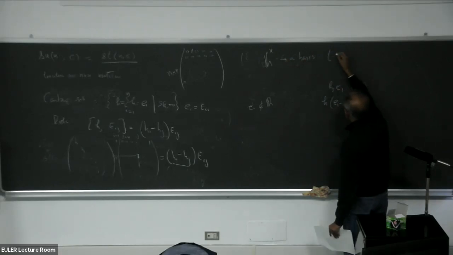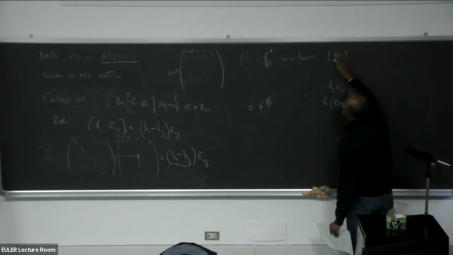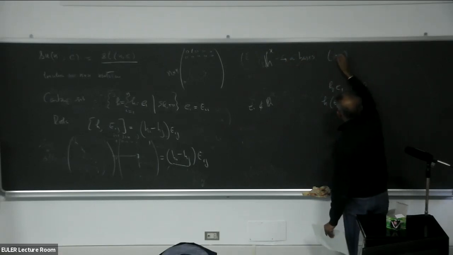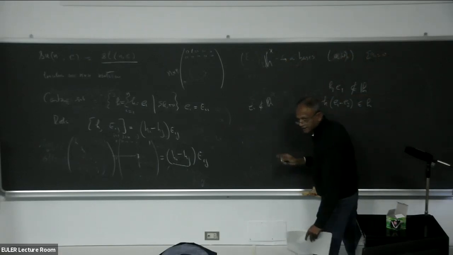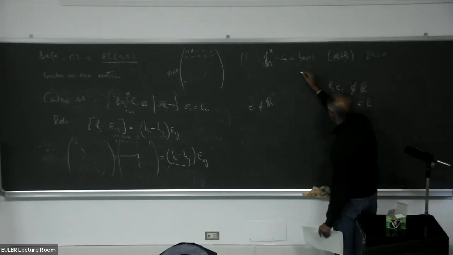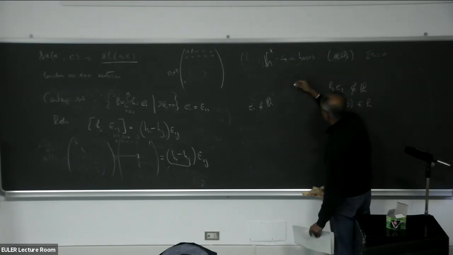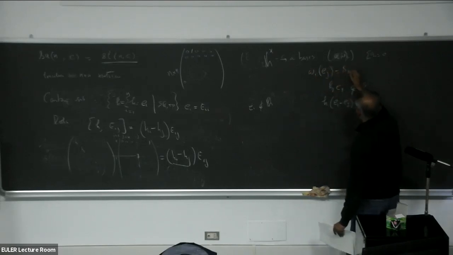We define it as omega_i, with the condition, let me write it like this: the sum of a_i omega_i, where the a_i satisfy the sum over a_i equal to 0. That's the condition. And omega_i belongs to some dual vector space, and is defined by omega_i acting on E_j equal to delta_ij.